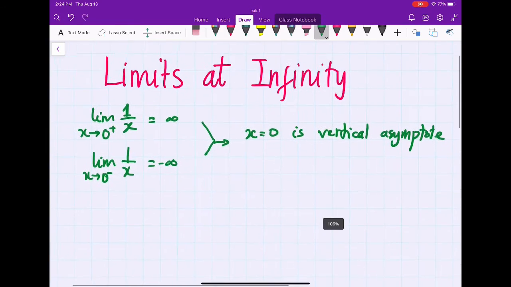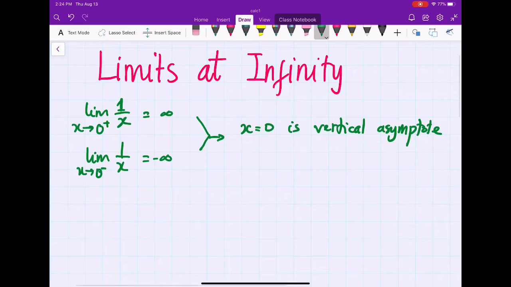Right? Vertical asymptote. So when you consider some point and the limit at that point, at least one side limit at that point is infinity, that vertical straight line, let's say that is vertical asymptote.